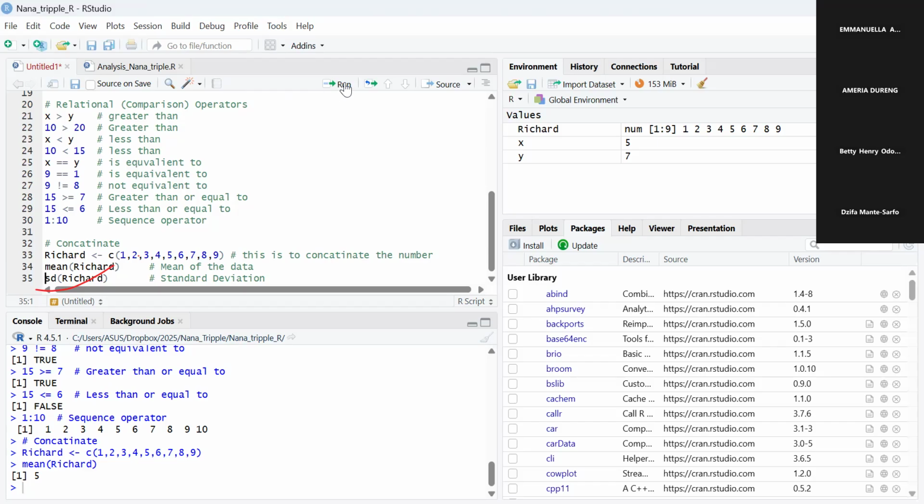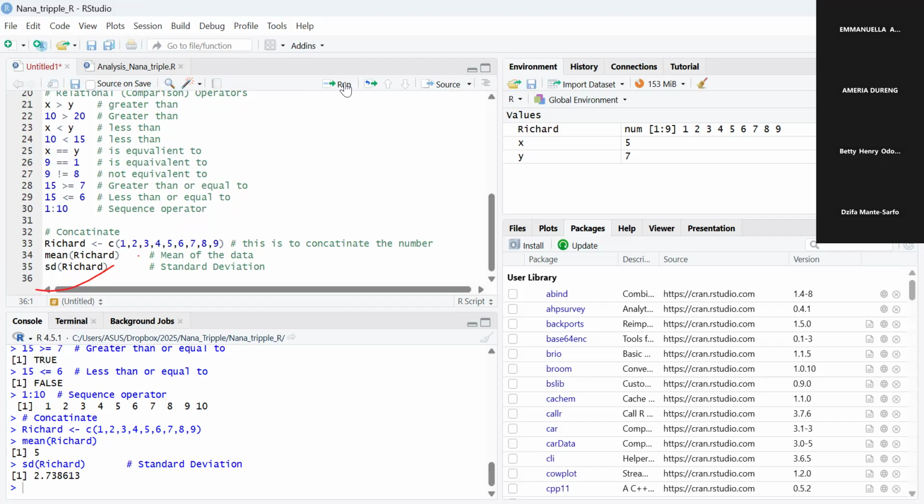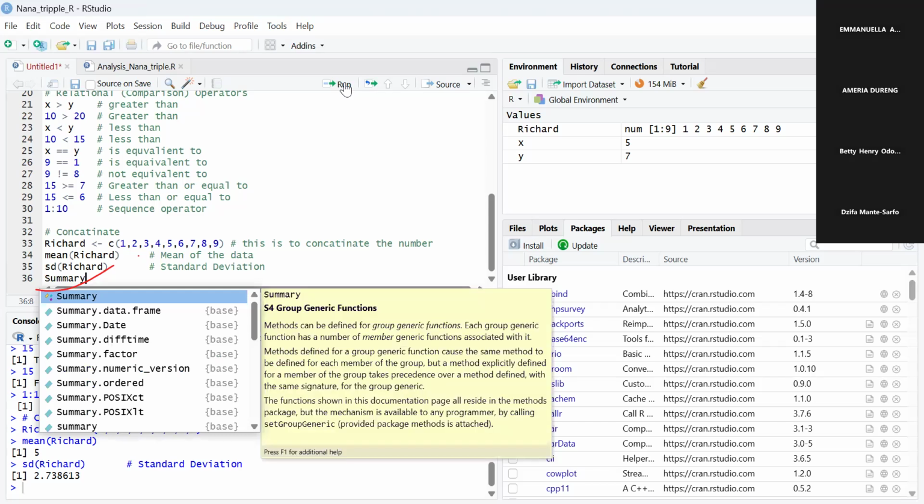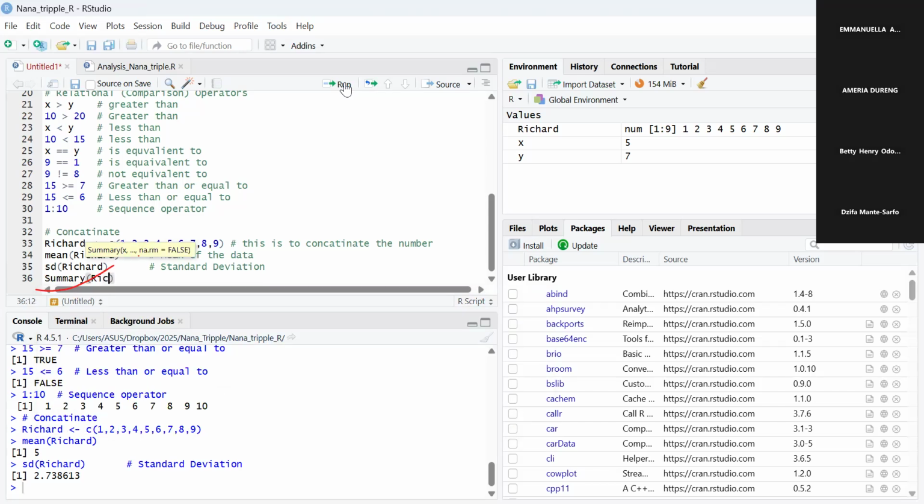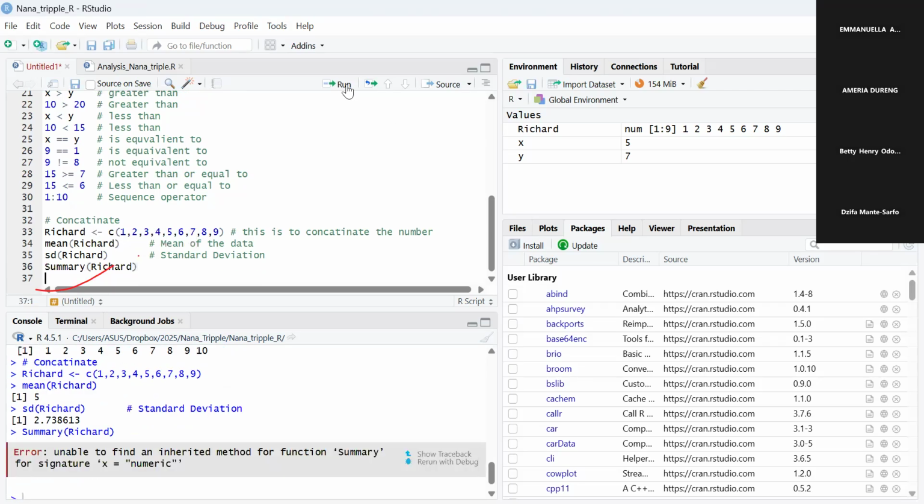So the next one is standard deviation, Richard. R gives us a standard deviation. You can even say summary, Richard, and run it and see.